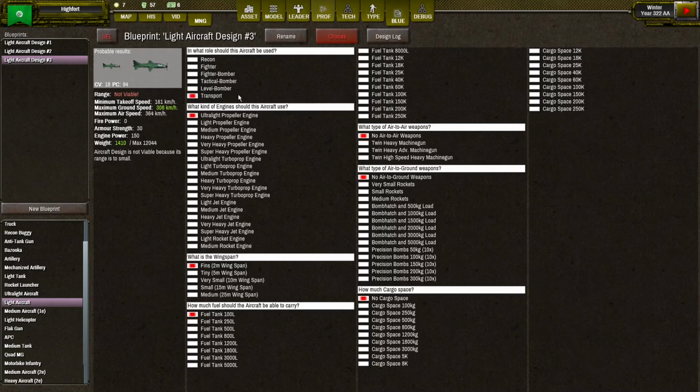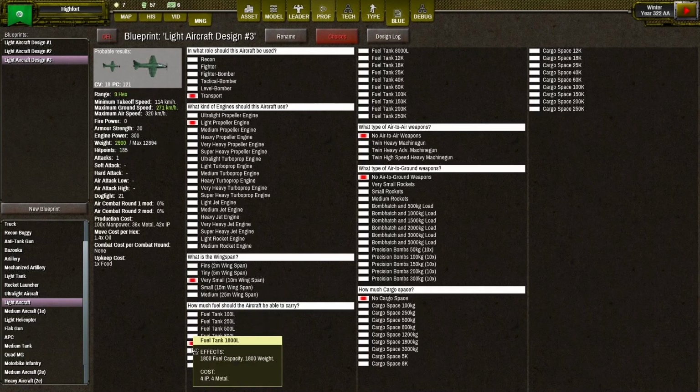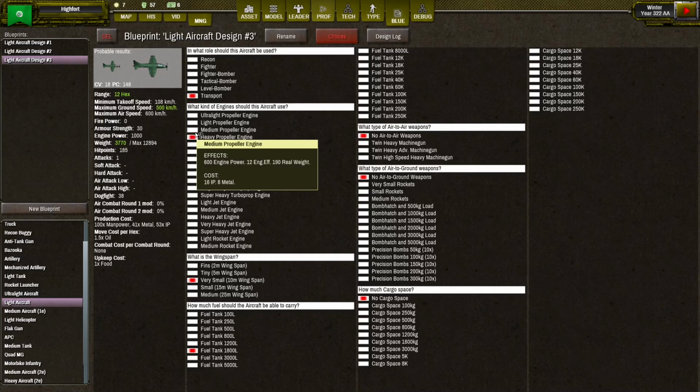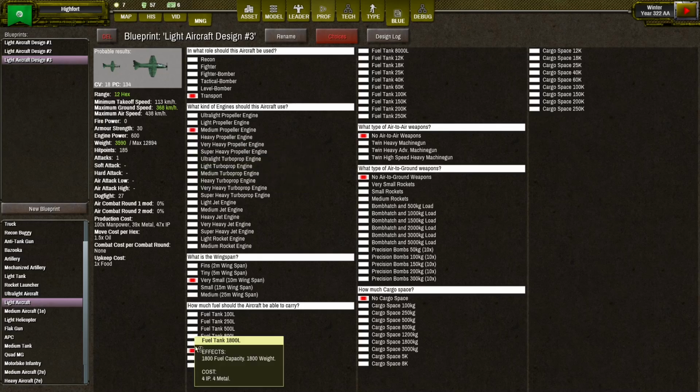So in this case, let's try with the light propeller engine, maybe tiny or very small wings, increase the fuel tank, try to increase as much as we can. So here it stopped, so I go back, maybe increase the engine. We see only by one. So we need to decide what cargo space would be needed.